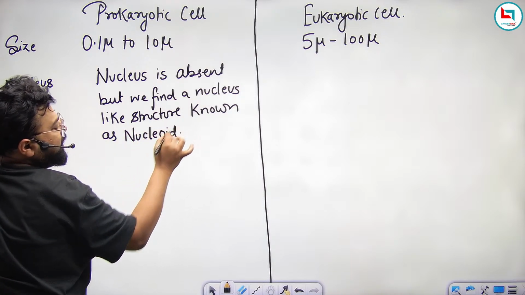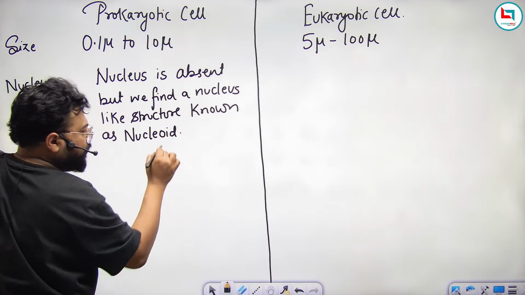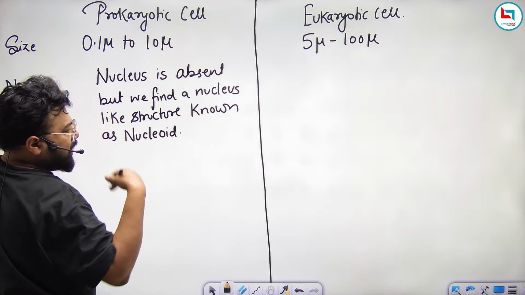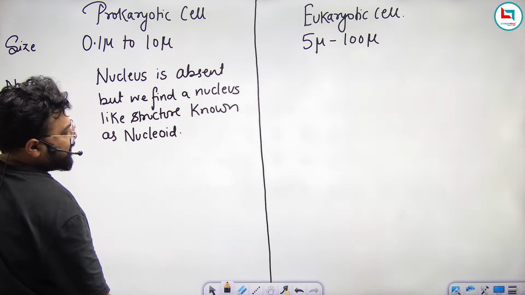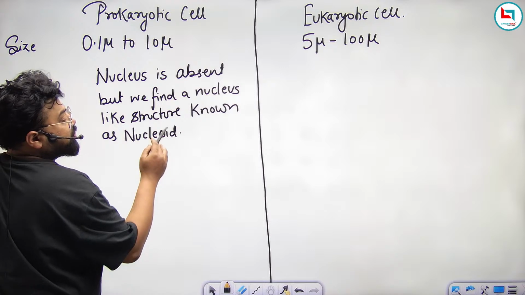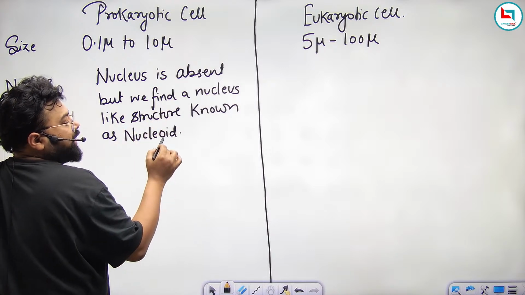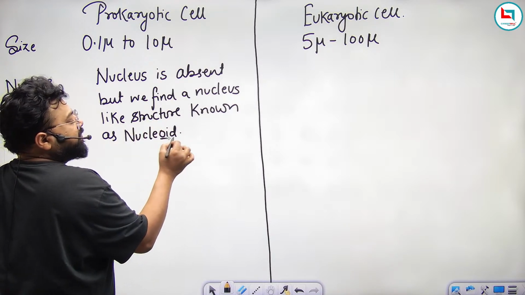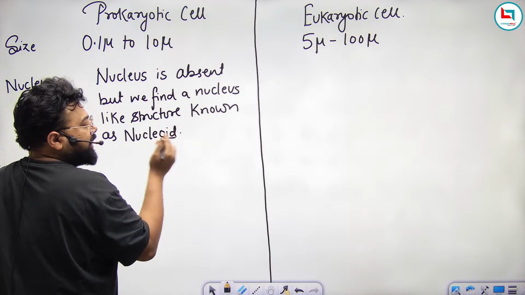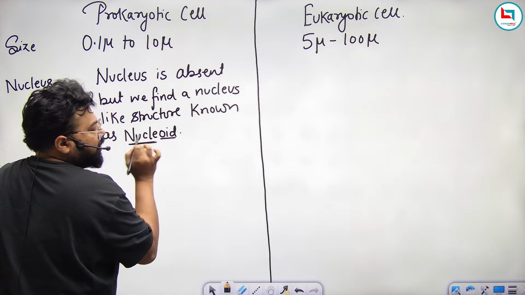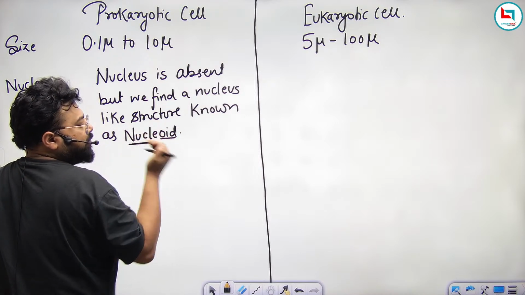Now, in any biological term, if you find oid at the suffix position, at the end of the word, it means like that, like the word written before it.